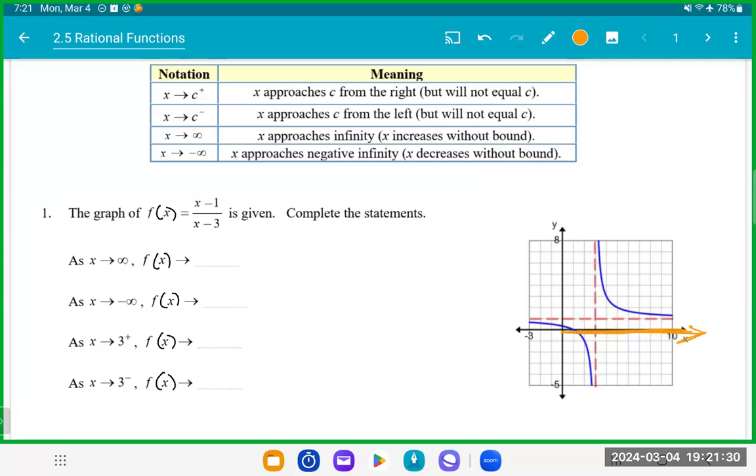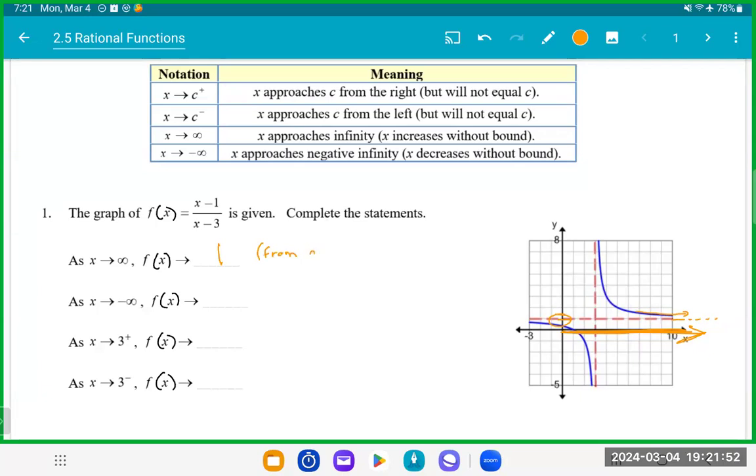As I go far, far out there, how is my function behaving? And so as I get larger and larger, you see my line here gets closer and closer to this value right here, which is equal to 1. So it's coming from above, right?